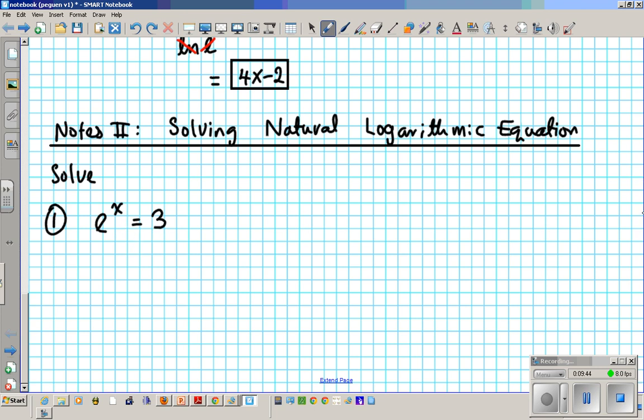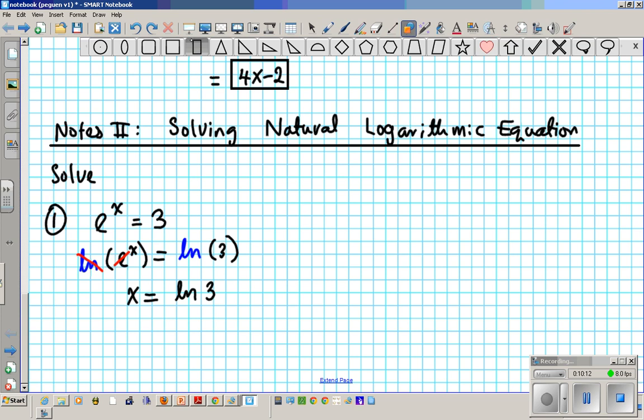So on the left side, we're going to take the natural logarithm, not multiply, we're taking the natural logarithm of e to the x equals the natural logarithm of 3. Okay? On the left side, the goal is it gets rid of the e, because these are inverses, so these two cancel out. So you're going to have x equals the natural logarithm of 3. Alright? And there goes your answer.